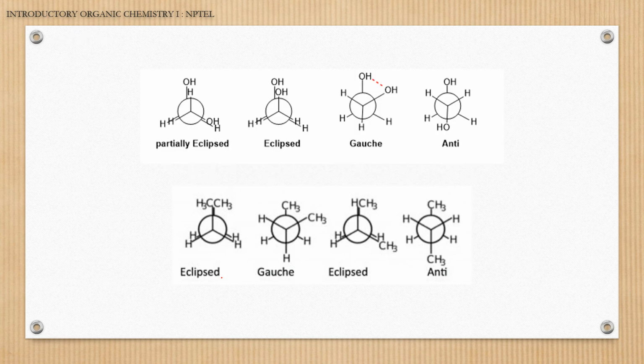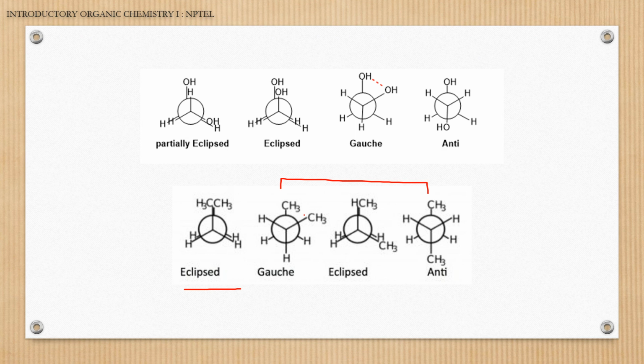I have this slide, so you can relate this here. This is eclipsed conformation, this is eclipsed conformation. Staggered conformation is these two, but in the staggered conformation there are two conformations, that is Gauss and anti. In these, you can see the methyl groups are present at 60 degrees to each other, so there is steric strain in the Gauss conformation.